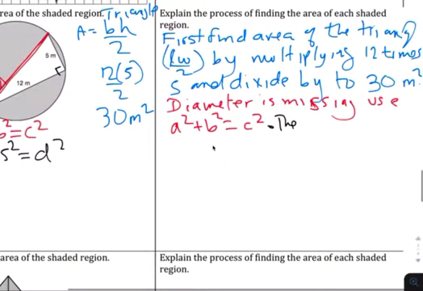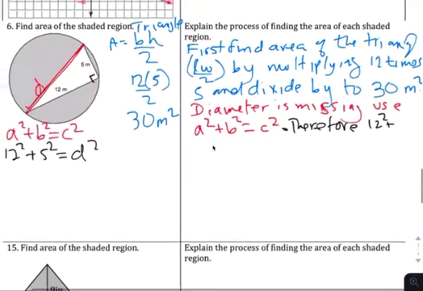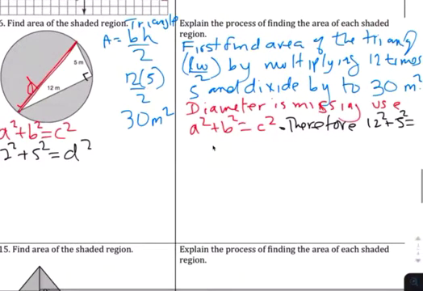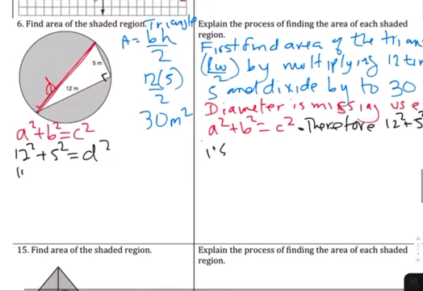Therefore, 12 squared plus 5 squared equals diameter squared, so 144 plus 25 equals D squared. 169 equals D squared. Take the square root.